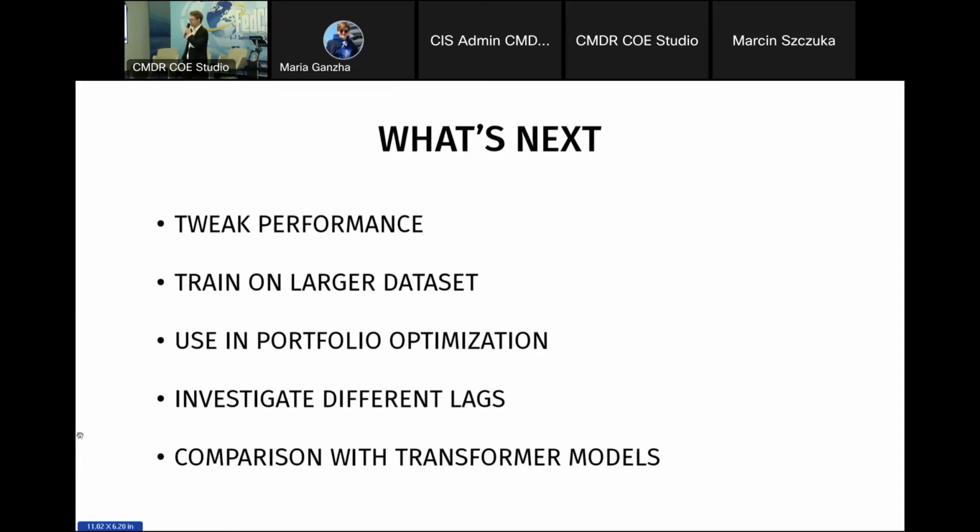How would that influence the performance of the model? And finally, going back to the previous talk, I would like to see how this simple extension that I propose does in comparison with state-of-the-art transformer models such as BERT.